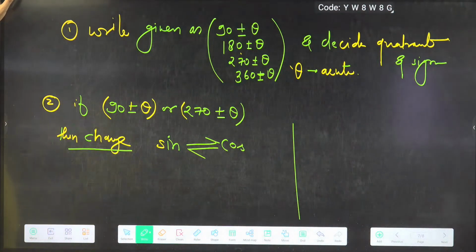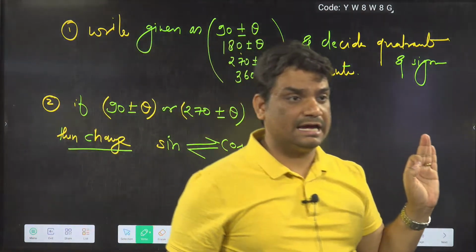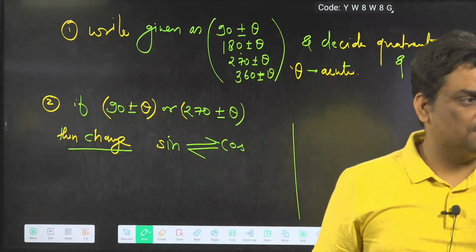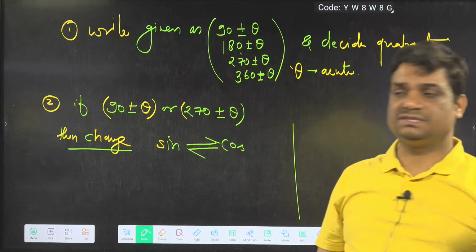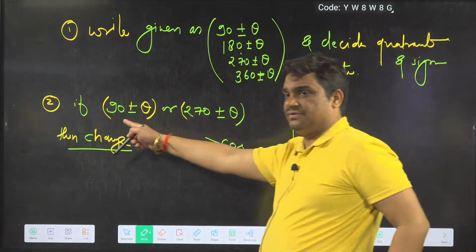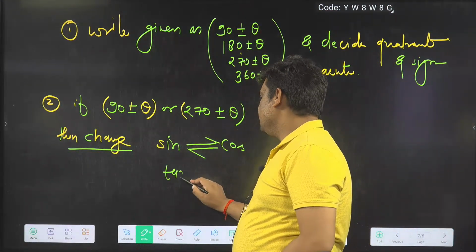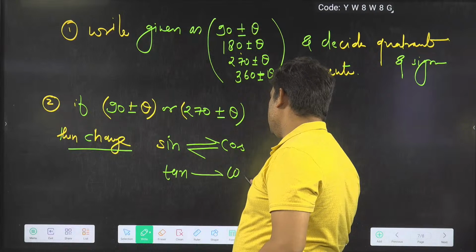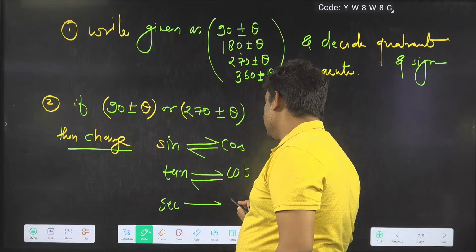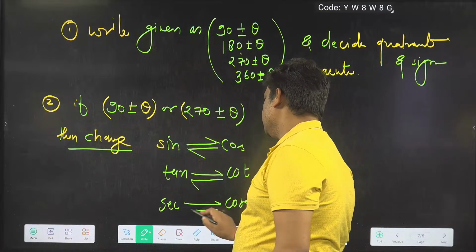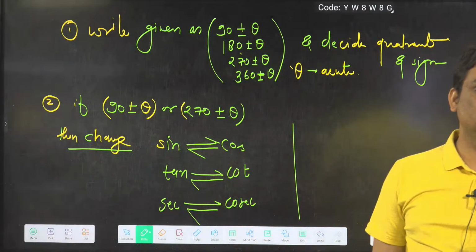But you have to do this change only when there is a 90 or 270. Otherwise, for 180 or 360, no change is needed. If tan is there, you convert tan into cot and cot into tan. If sec is there, you convert sec into cosec and cosec into sec. But this is only with 90 or 270, otherwise there is no change.